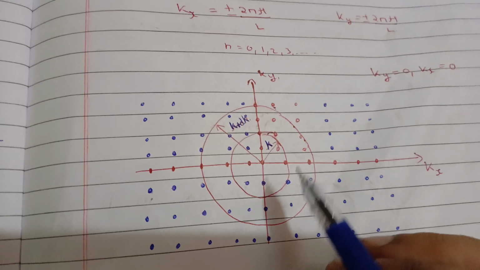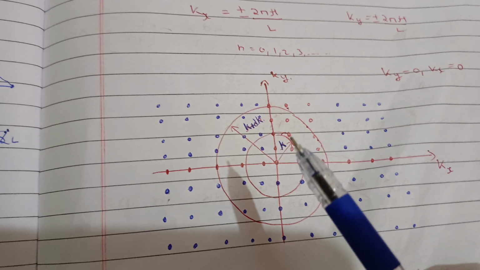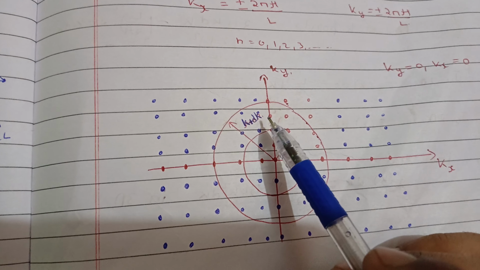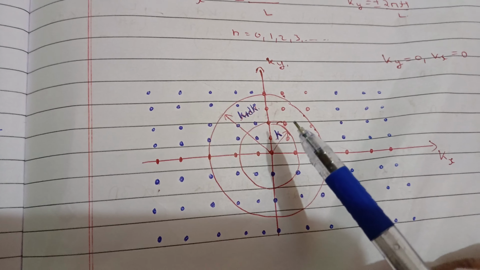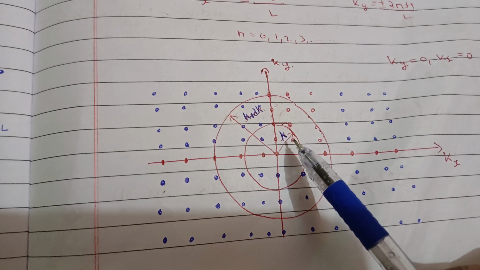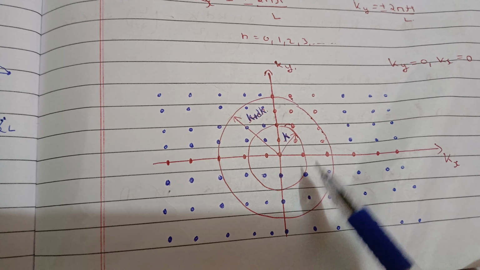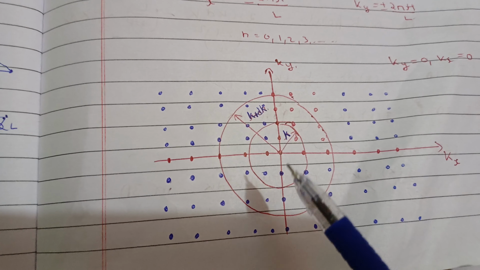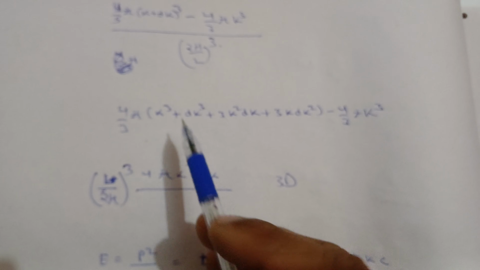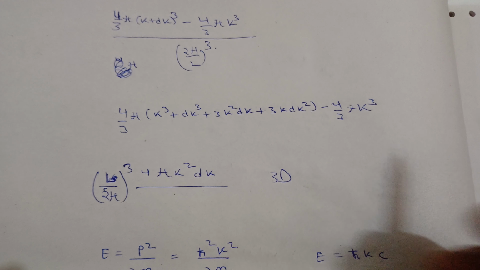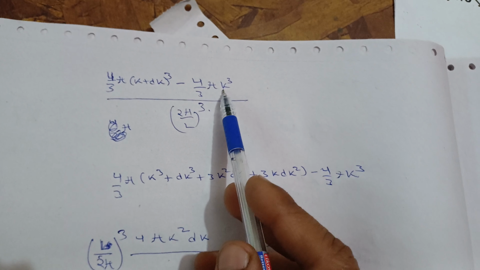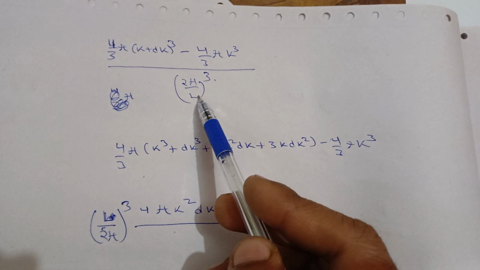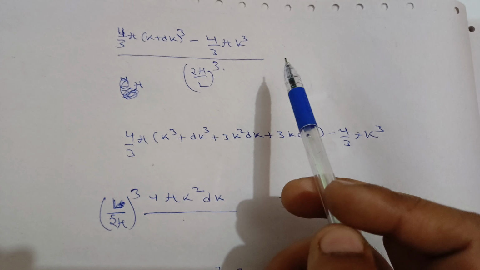So the volume of the bigger sphere will be 4 upon 3 pi (k plus dk) cubed, minus the volume of the inner sphere, 4 upon 3 pi k cubed, and that volume difference will be divided by the volume of one cube, which is (2 pi by L) cubed.